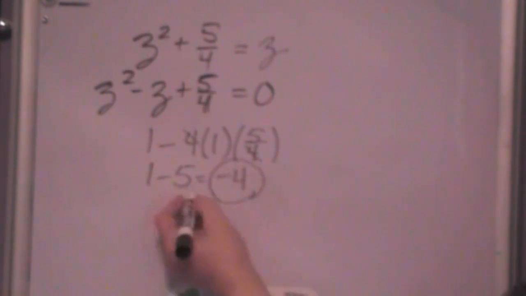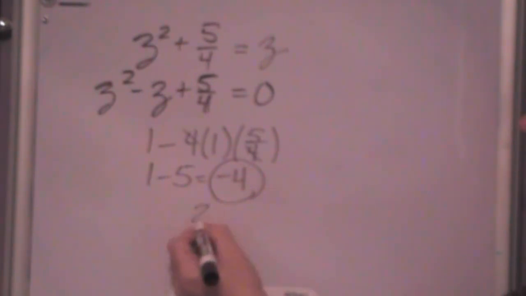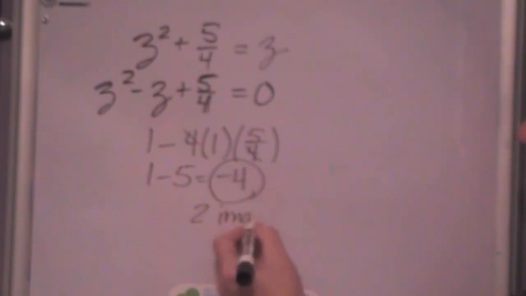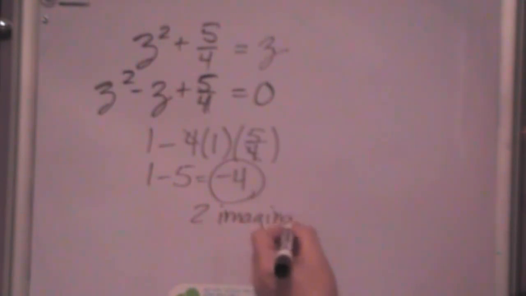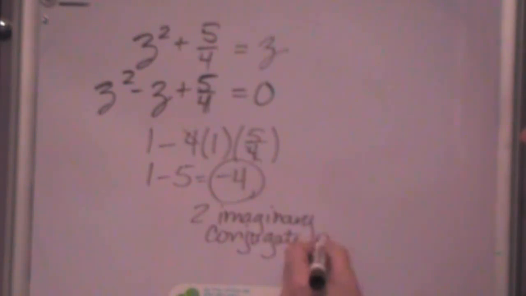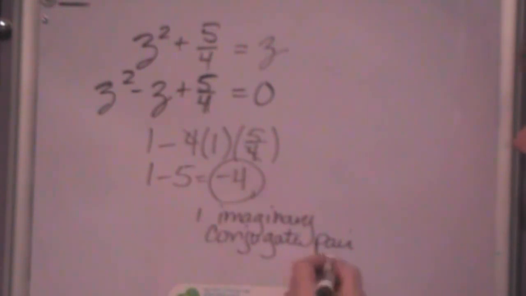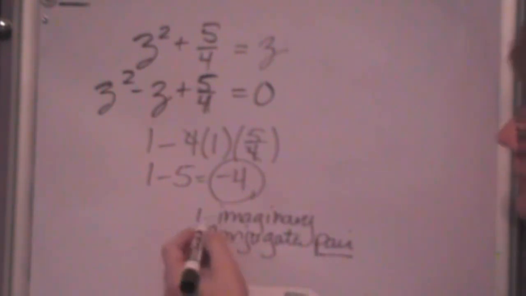Well, now this discriminant is negative, so I have two imaginary conjugate pairs. Actually, one imaginary conjugate pair. If I put pair there, you only have one here.